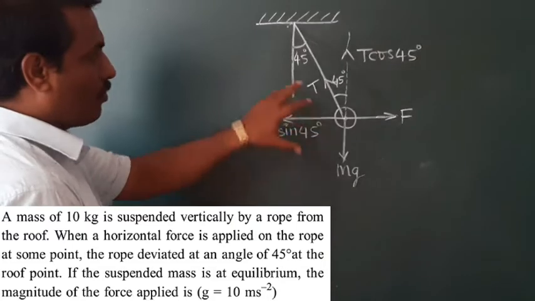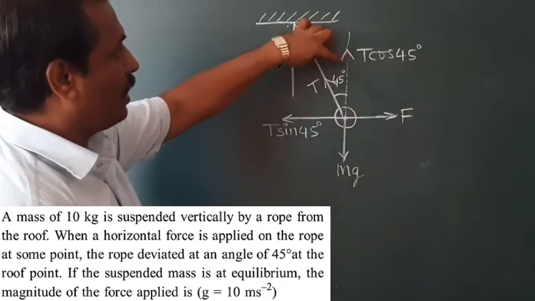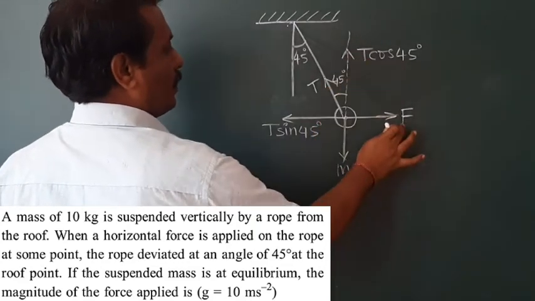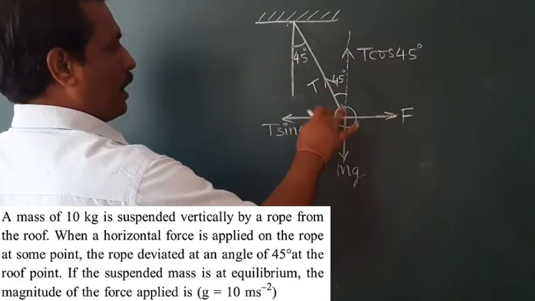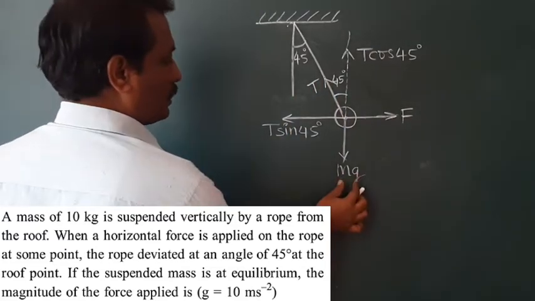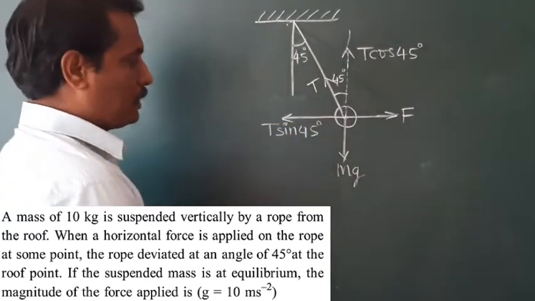So totally 4 forces are acting: F, mg, T sin 45 and T cos 45. Now it is given that when the force F is applied, this mass is in equilibrium. So mass in equilibrium means along vertical and along horizontal, the total force must be 0.